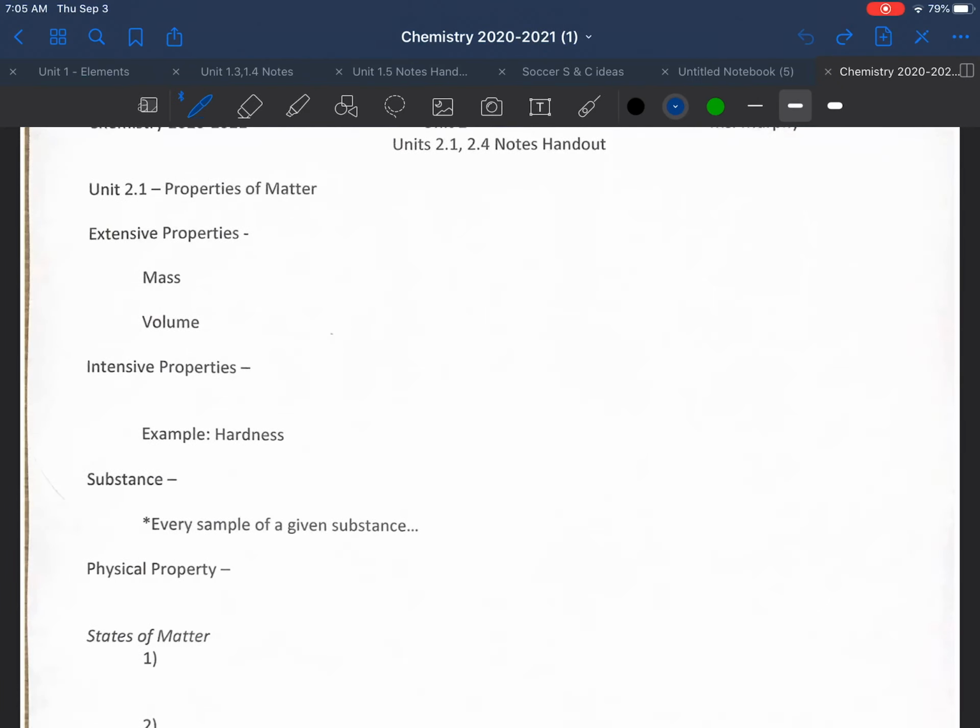So extensive properties depend on the amount of matter in a sample.